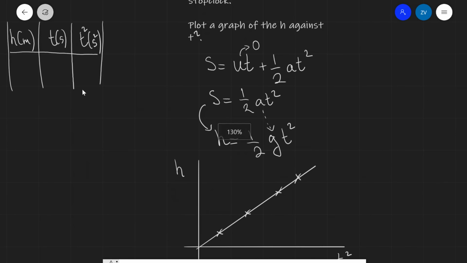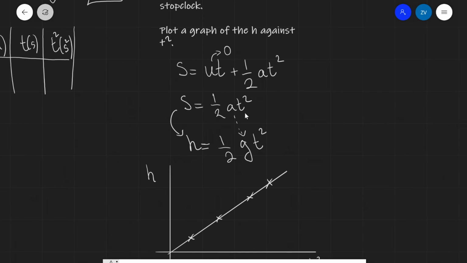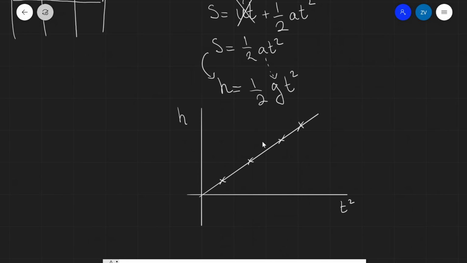So s will be equal to a half at squared because this first term is 0. Our displacement in this case is simply the height. Our acceleration will just be equal to g, and our time t squared, well, we've measured t and we've calculated t squared. So we can plot this graph of h against t squared.